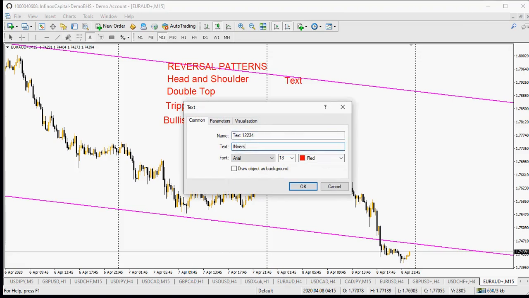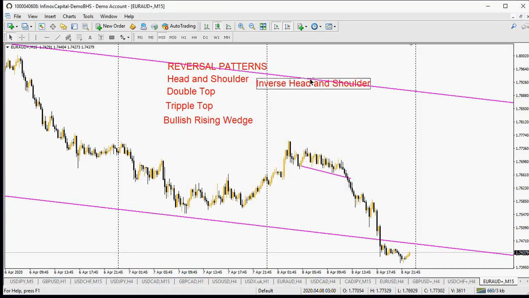We have inverse head and shoulder. So that's the opposite of head and shoulder. We have double bottom, triple bottom.